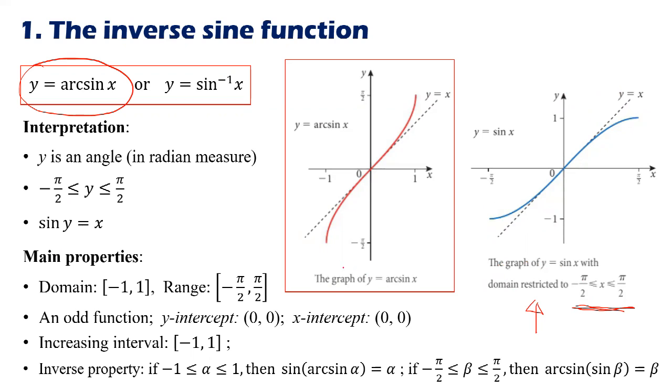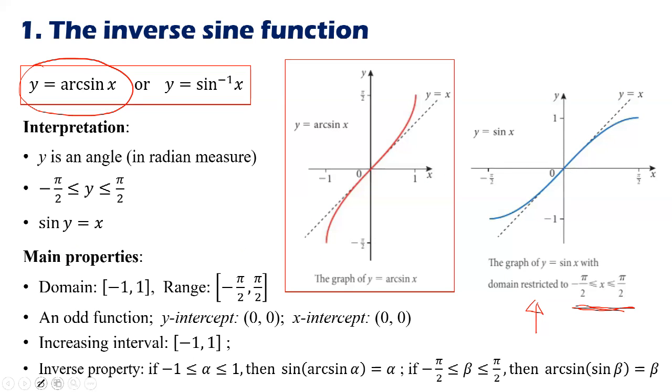And if you look at y equals arc sine x, the domain is -1 to +1, and the corresponding range is from negative half pi to half pi. It is just y equals sine x reflected in y equals x. Understand?